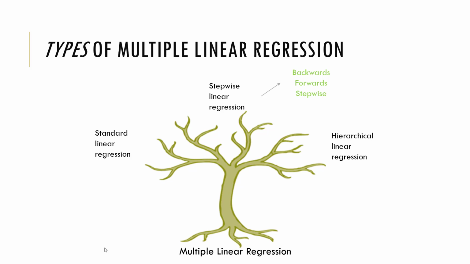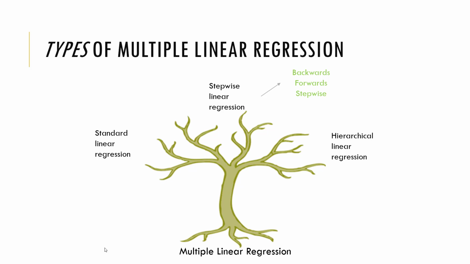You'd then start a second block and enter the variables that you're really interested in. So there's a lot more control over hierarchical linear regression, but you tend to use it when you've got very specific hypotheses or a specific model you're trying to test, or you're trying to control for something in a really specific way.